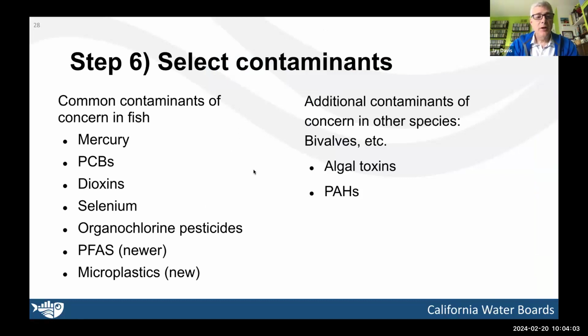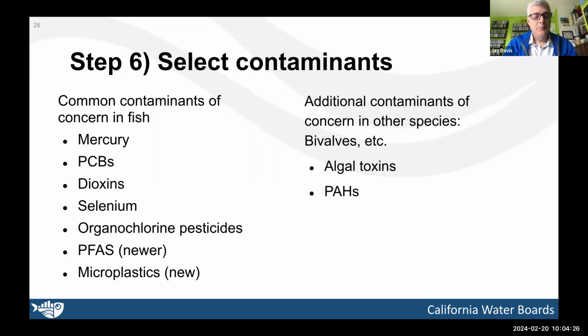Okay, selecting contaminants. Obviously a key step. We saw the list of contaminants of interest to the group early on: mercury, PCBs, selenium. More folks said organochlorine pesticides than I expected, and then PFAS is a newer contaminant.